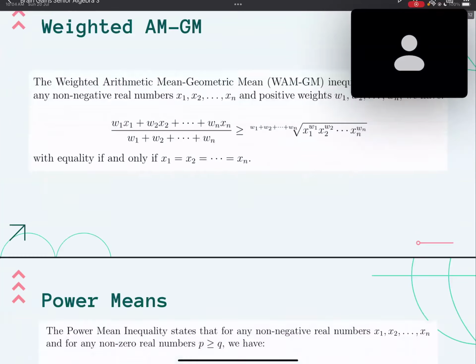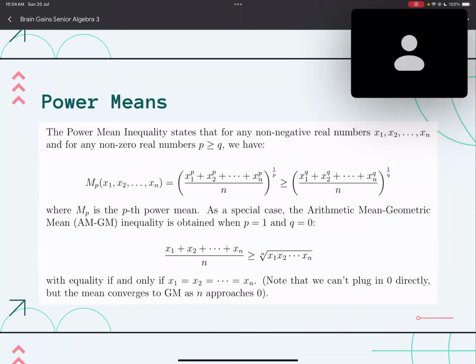Okay. And then finally, the last thing we need to know is power means, which states that for any non-negative real numbers, and for any non-zero real numbers p greater than or equal to q, then we're able to define M_p as the pth power mean. So you essentially get this formula, right?